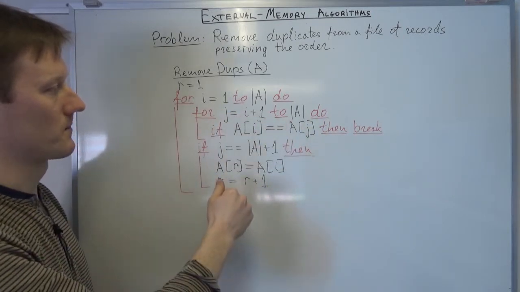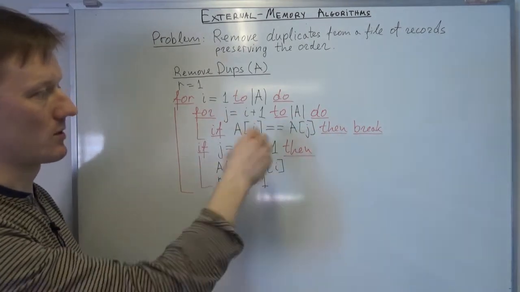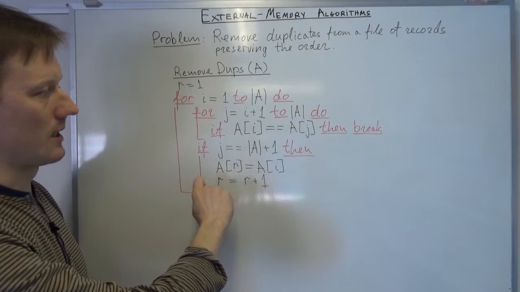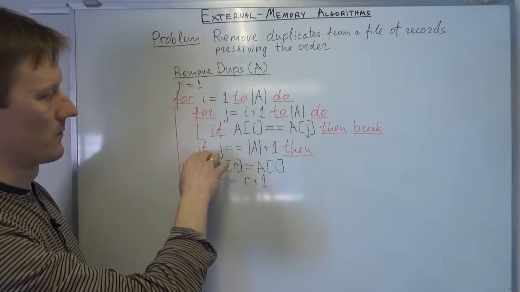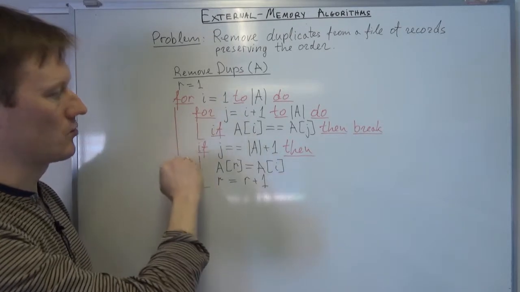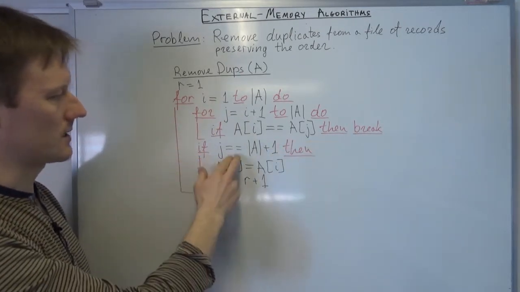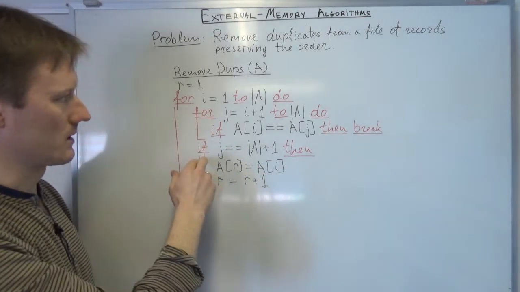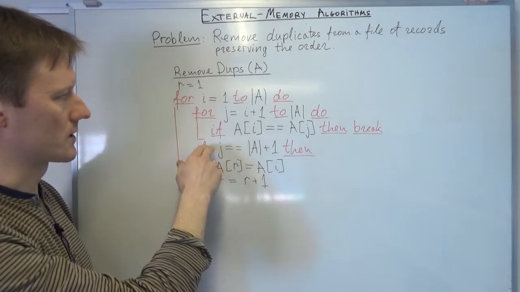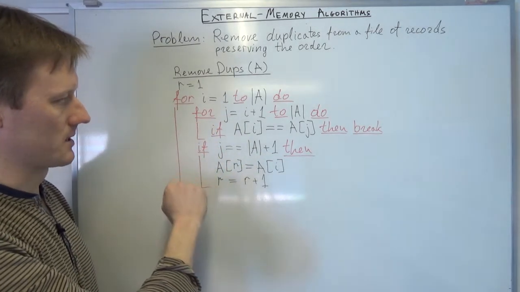in the array. If yes, then you don't want to keep a[i] because there is an equal element somewhere ahead in the array, so then you break from this inner loop, and then this condition is not satisfied. It's satisfied only when the inner loop finishes successfully, and so you do not keep this element.